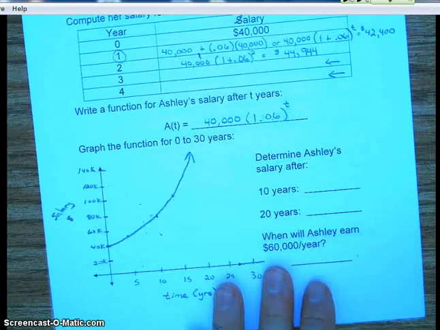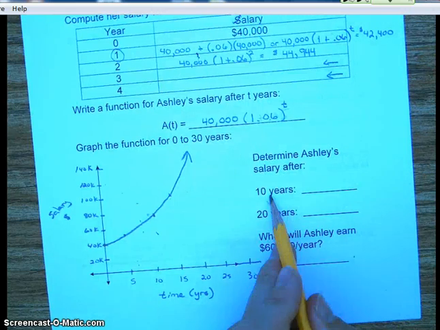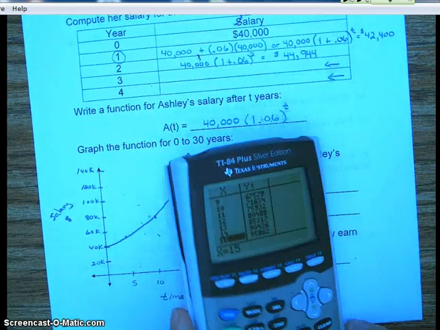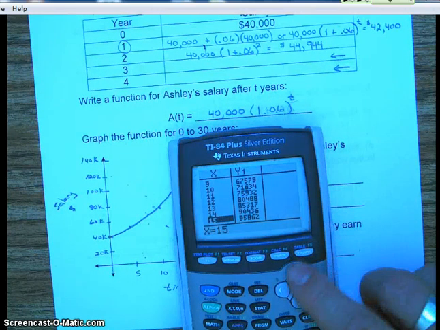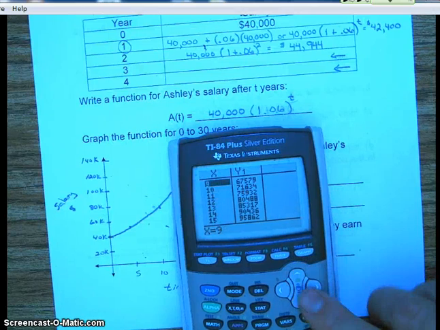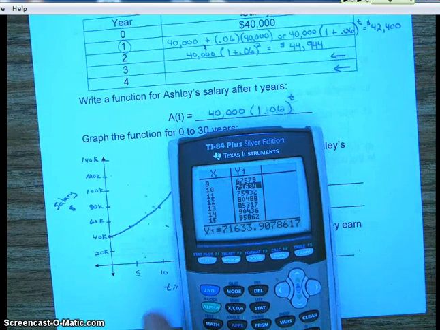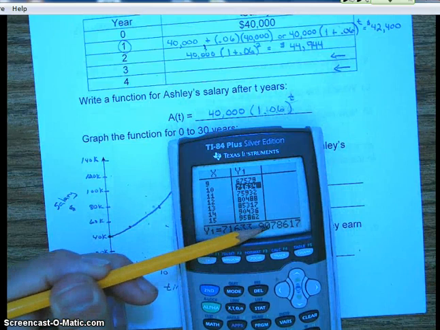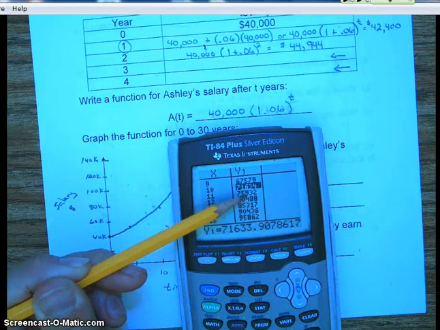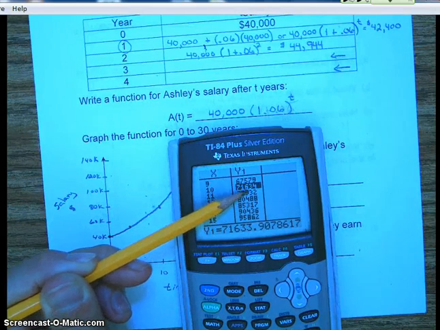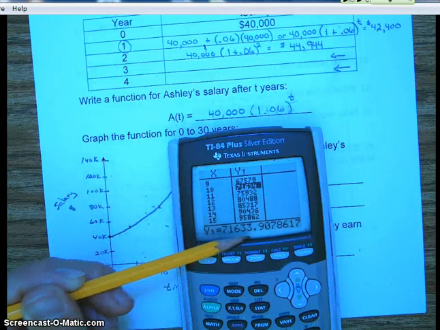Okay, so 10 years, we could use the table. 10 years, 71,634, and don't forget the 91 cents. Notice in here it truncates at the decimal. Actually, it rounds. See, it ends with a 4, this one ends with a 3.